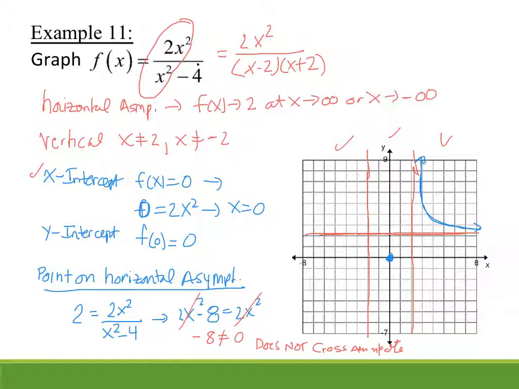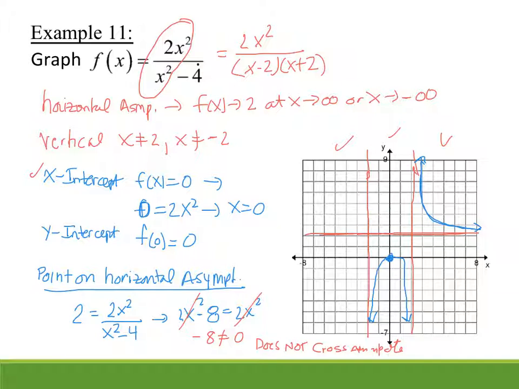And so this means that this particular point shows that it doesn't cross over the horizontal asymptote. So the only way that this function shall go will probably be in this direction. We can check with other points, but that seems the way it is.